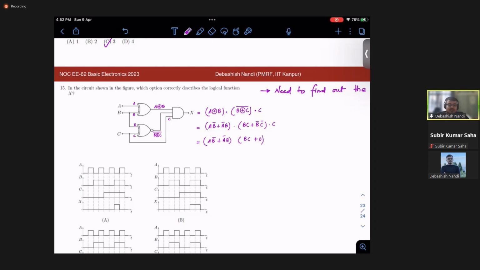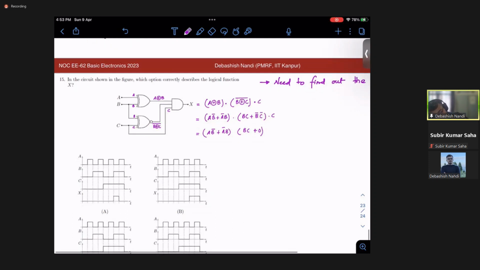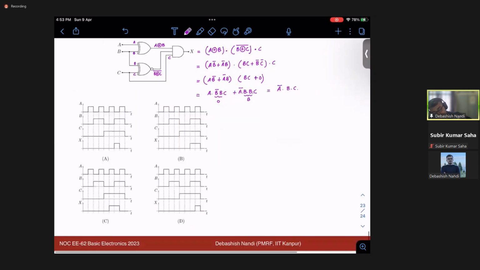Because C and C is C, C and C bar is 0. So if we again do this, A B bar B C plus A bar B B C. This will be 0, and this will be B. So your answer would be A bar B C. Okay. So this is the most simplified form.